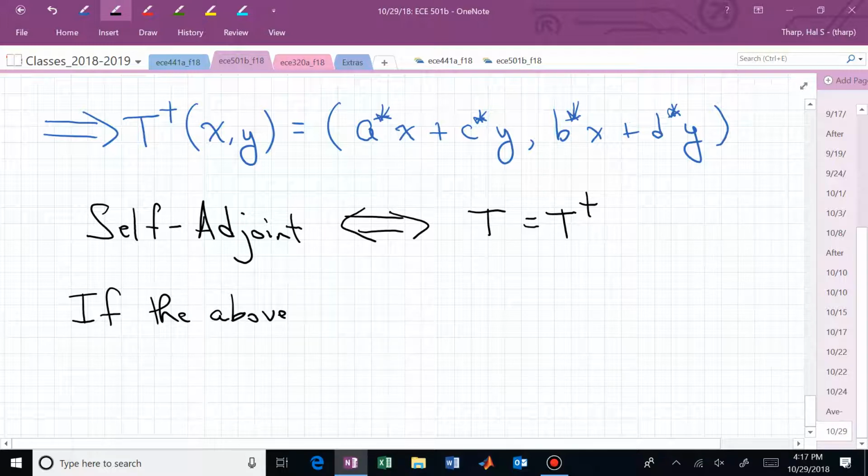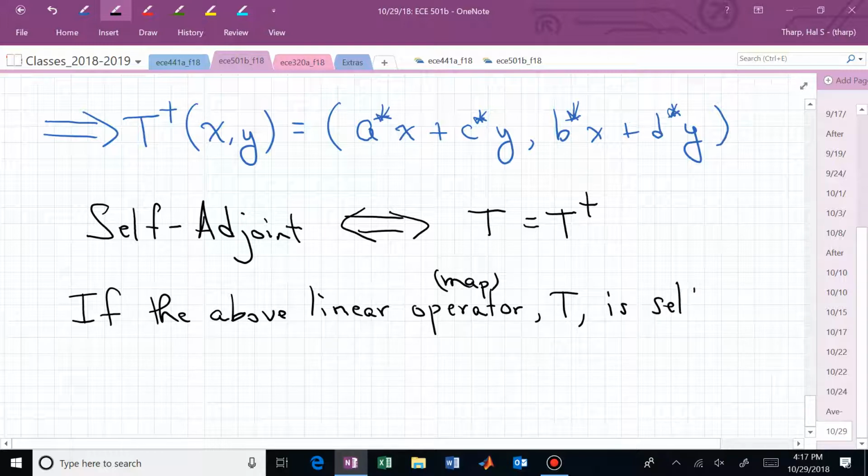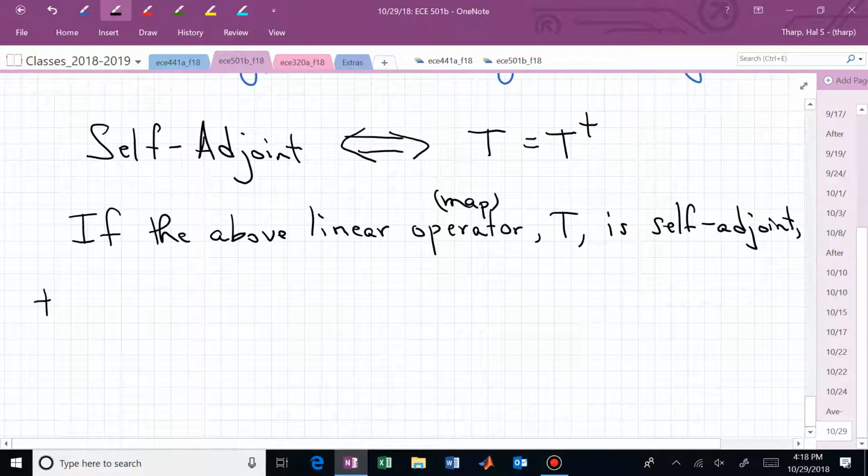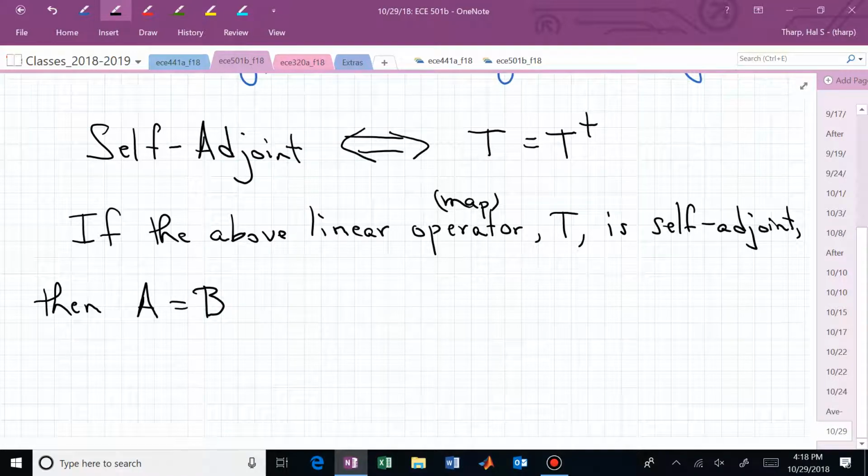If the above linear operator T is self-adjoint, then in fact the A matrix is equal to the B matrix, our matrix representation of T and our matrix representation of T dagger.